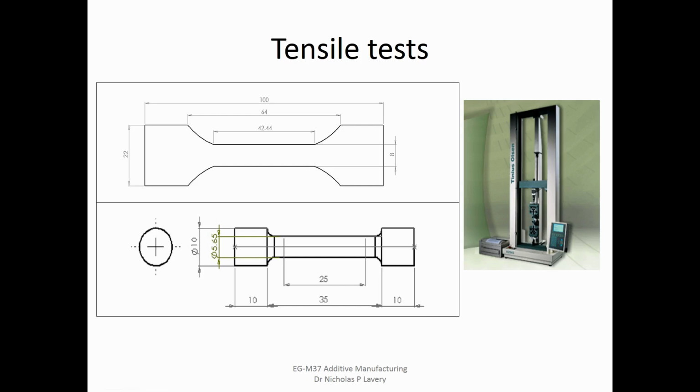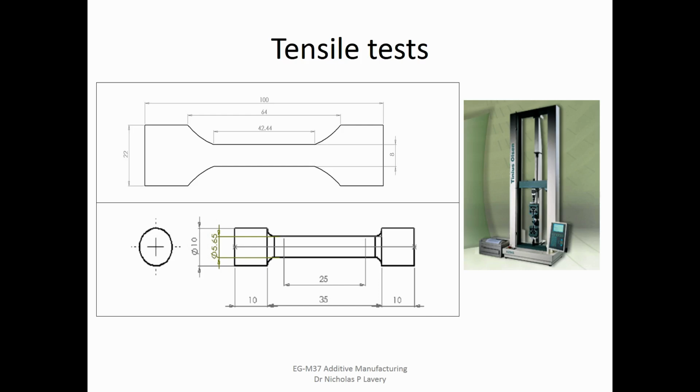Let's say the reason that I'm giving you all of this is so that if you're working with additive in the future, you may come up on a test program in the company you're working for, and they say, right, okay, we want to replace this part which is made by casting, or we're going to replace this part which we typically machine out, with one of your great 3D additive parts.